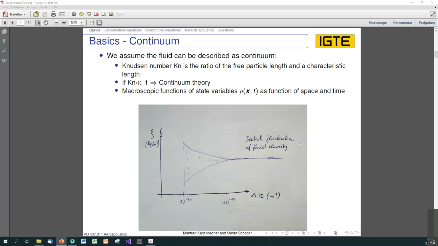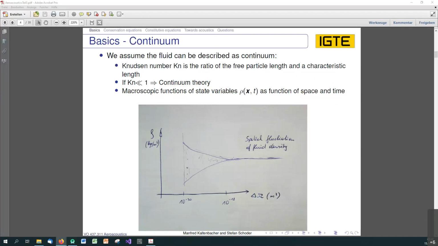So the very tiny spatial fluctuations of the fluid density average out, and this is how we come to the continuum theory in a very pragmatic way. If you're asking a physicist, he will probably tell you a totally different story, but the essence is more or less the same.